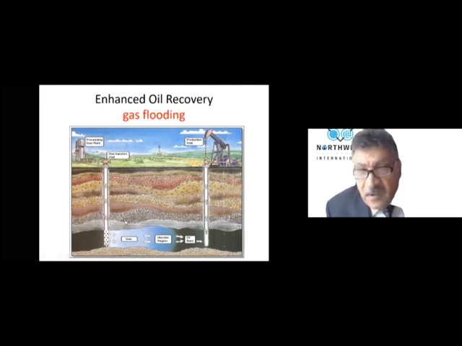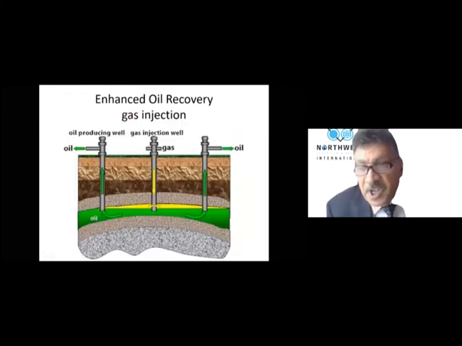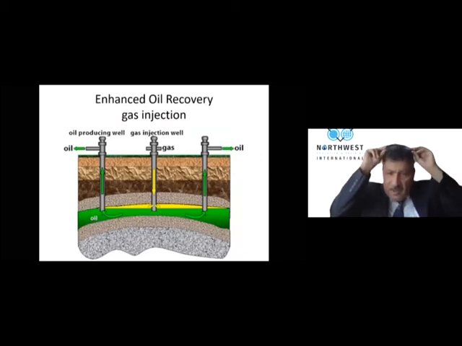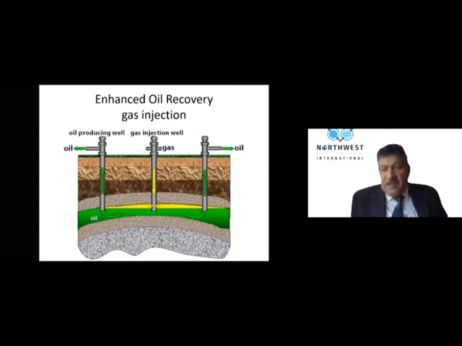This slide, we name it gas flooding. This slide, I name it gas injection. Different. So remember, gas injection, you have to have a gas cap. We call it in petroleum engineering the saturated reservoir. That means oil has a gas and also has a free gas.